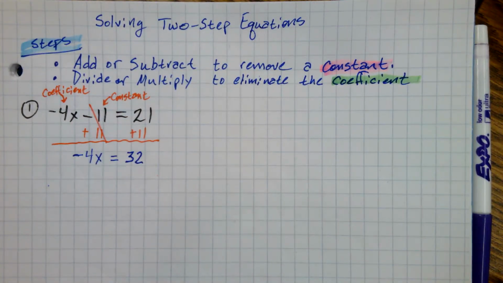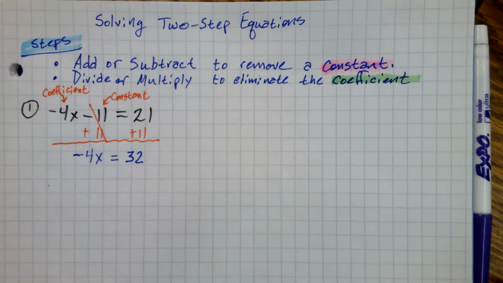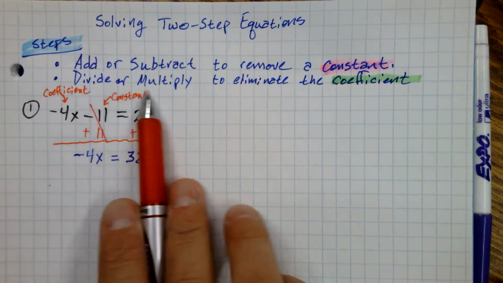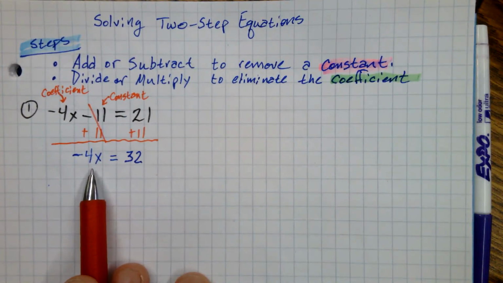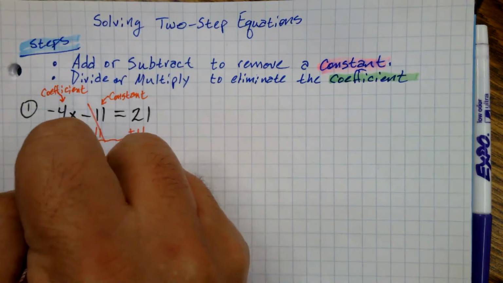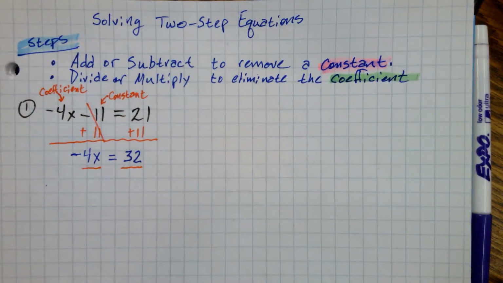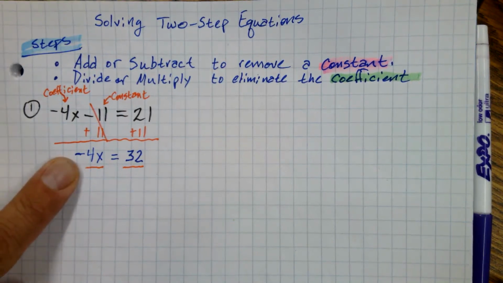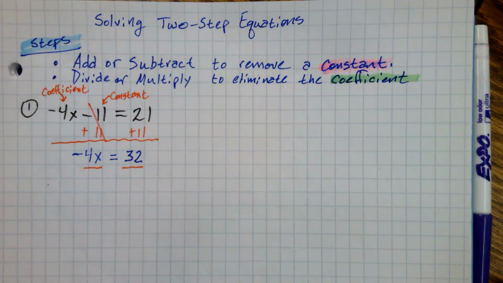We've removed the constant. Now we have negative 4 times x. We want to get x all by its lonesome, which means get rid of the coefficient. And that says divide or multiply to eliminate the coefficient. In this case, it's a multiplication equation. We're going to divide. And what should we divide by? Negative 4. Remember, if it's positive, divide by that positive.